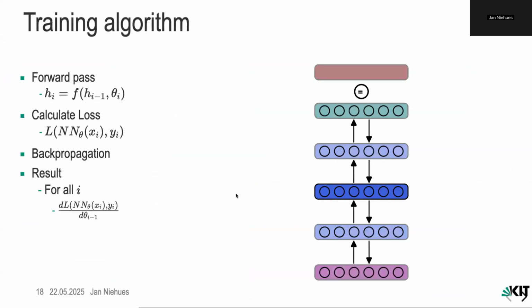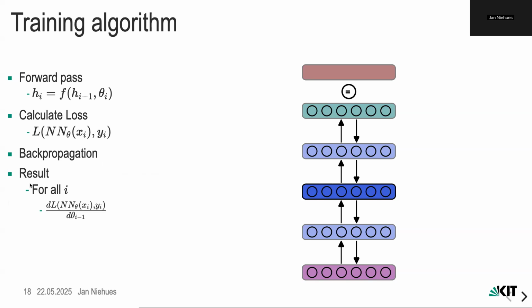So the final thing of the backpropagation is that for each step, for each layer, we have calculated, for the parameters we use in this layer, the derivative of the loss function with respect to each of the parameters.